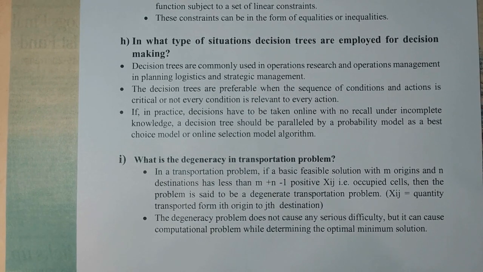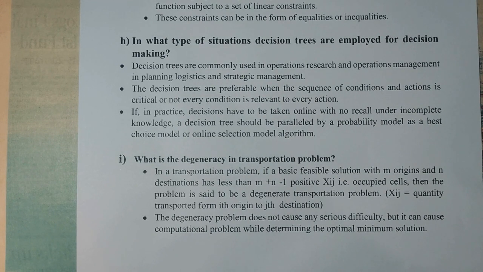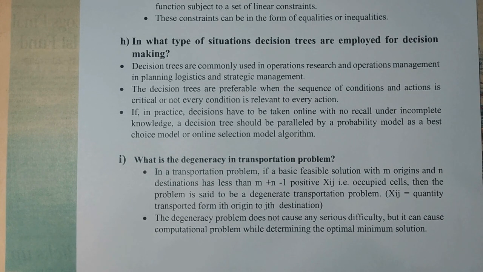Next, question number 1I. What is degeneracy in a transportation problem? In a transportation problem, if a basic feasible solution with m origins and n destinations has fewer than m plus n minus 1 positive xij, where xij stands for the quantity transported from the ith origin to the jth destination, which is an occupied cell, then the problem is said to be a degenerate transportation problem.